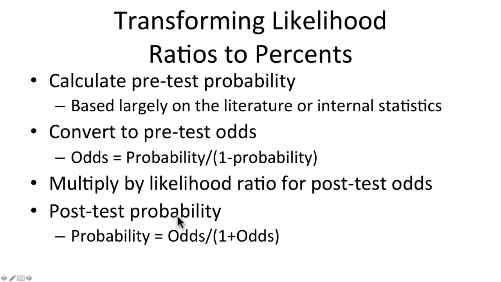This is the thing that will tell you what is the percent chance the person has condition X. That's not often going to be apparent in the studies that you read, but if you know the prior probability from the base rates, you'll be able to get this beautiful formula here: probability equals odds divided by 1 plus odds.